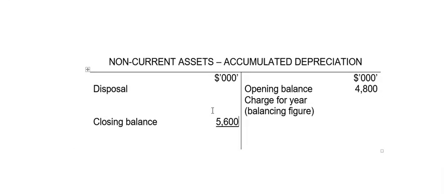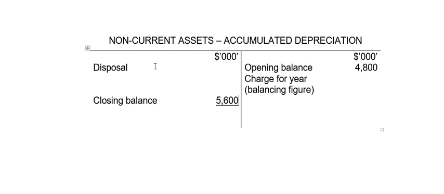So what we have to do is to debit the accumulated depreciation account. We have to debit it with the amount of the accumulated depreciation for the asset that was disposed of. Now this asset had a cost of 800, though by the time it was disposed of, its carrying amount was 350, meaning that this asset had an accumulated depreciation of 450.